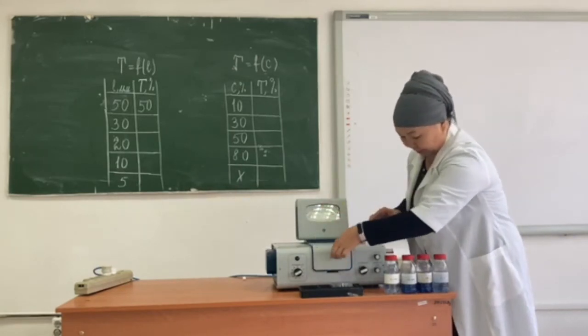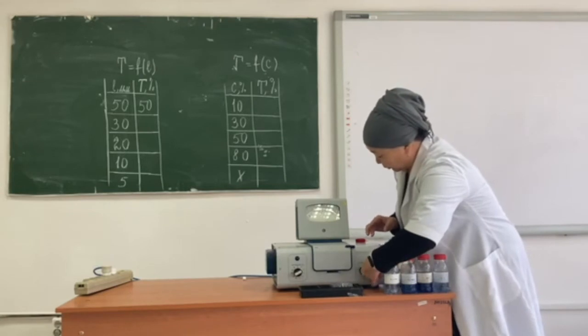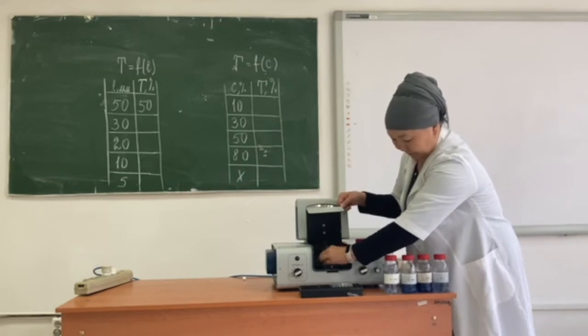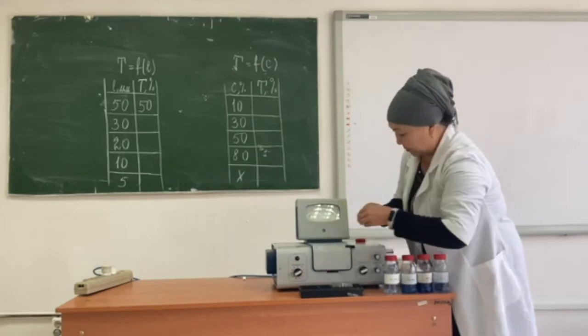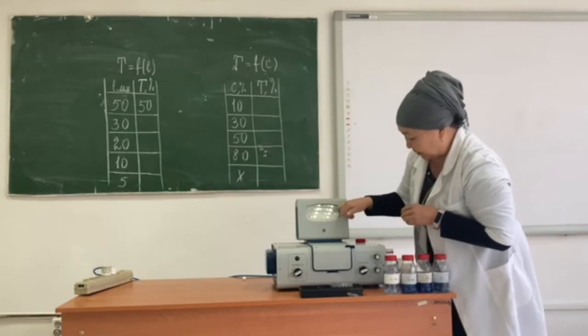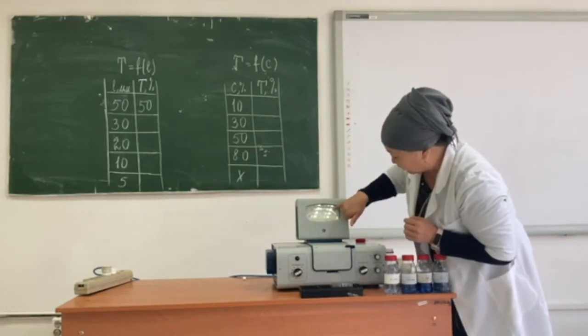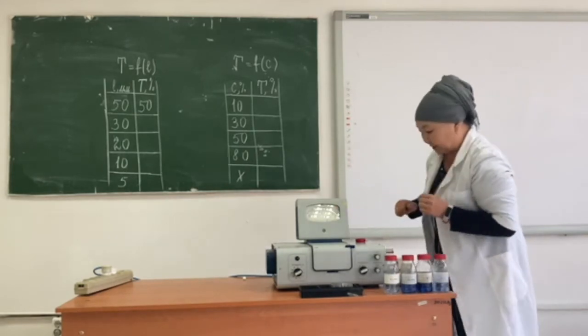Now, let us pass the light through clean water, set it to 100 and change the position of the cuvettes. In this case, the light passes through the colored solution and on the scale the transmittance is 80%. Some part of the light is absorbed.